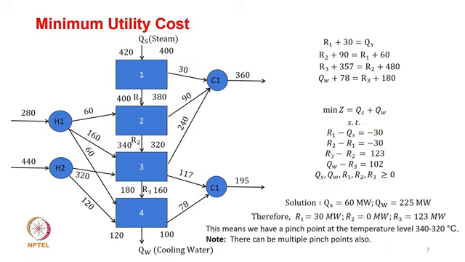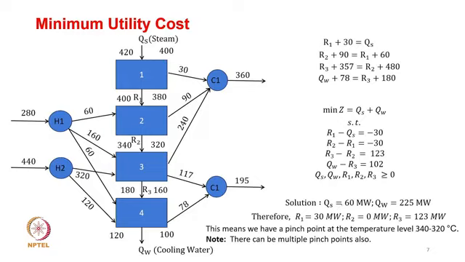We are skipping the solution, since the method of solution is something that you learned earlier. The emphasis here is how to formulate the problem. So you will get QS as 60 and QW as 225.